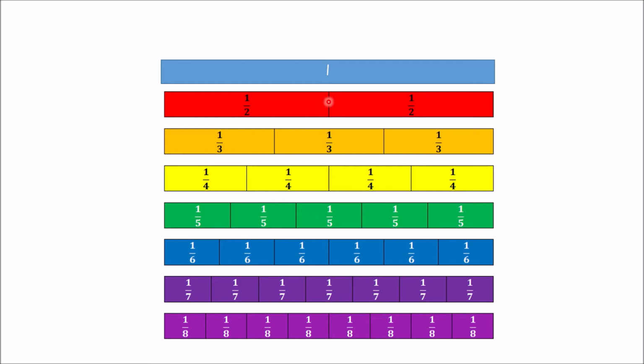So here you can see this line between the two halves matches up with this line in the quarters, and this line in the sixths, and this line in the eighths.